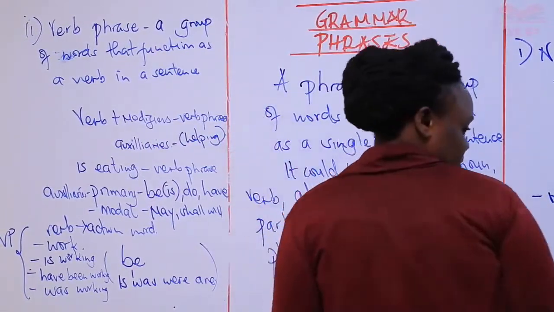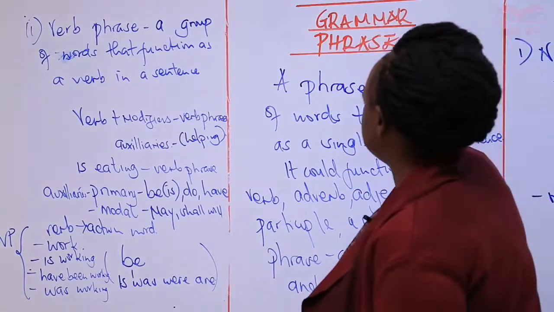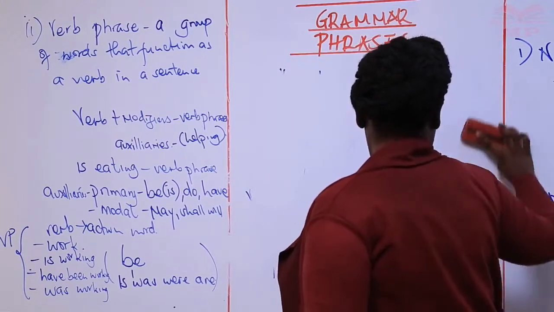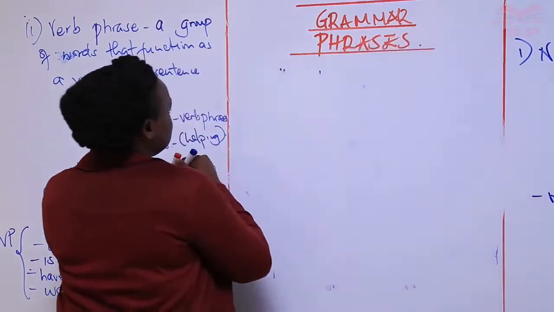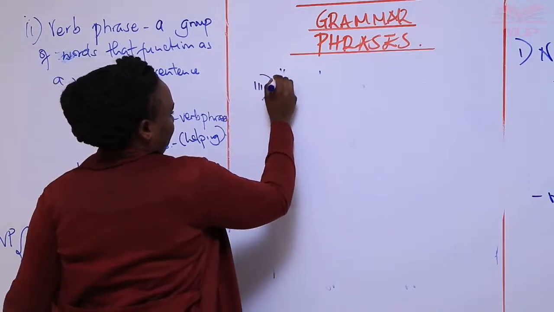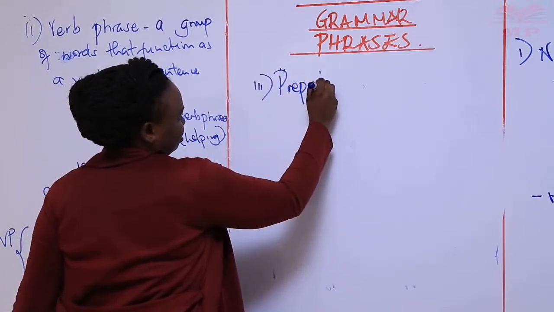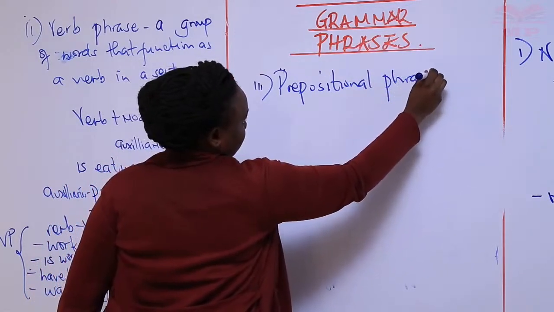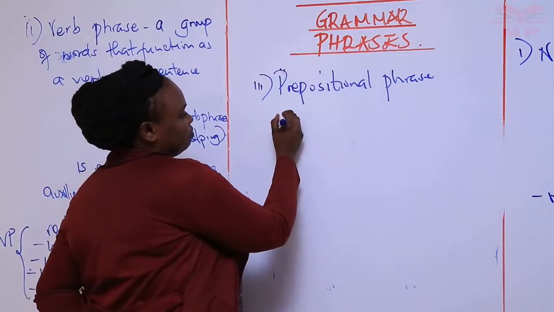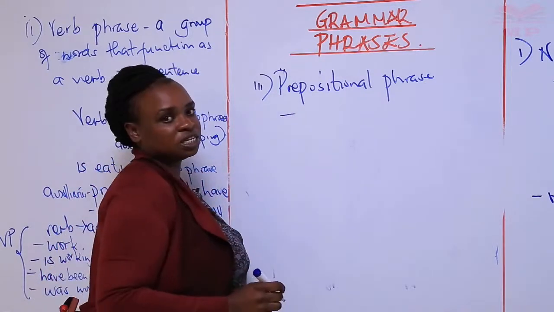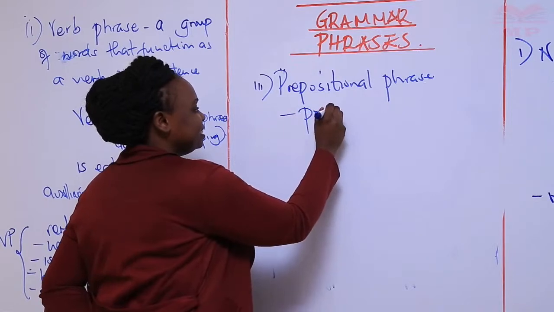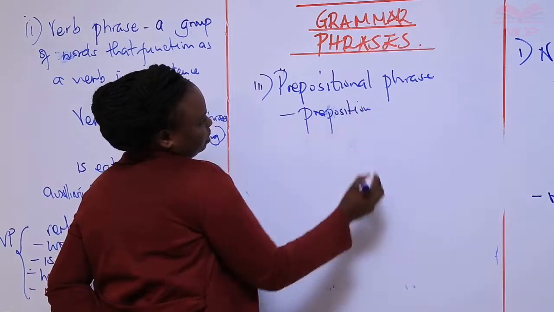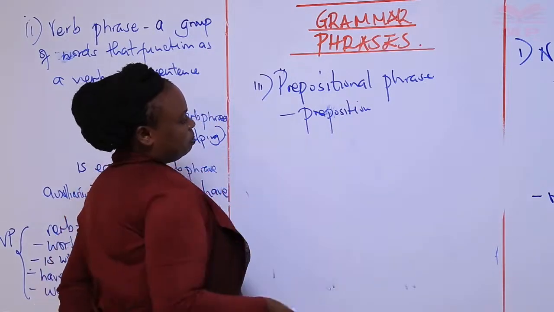Then the next type of phrase is a prepositional phrase. So again, this is a group of words that functions as a preposition. I won't repeat writing because by now I think you know the drill. It's almost the same kind of description, only that here it will function as a preposition.